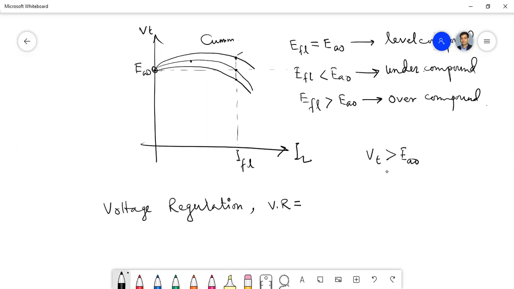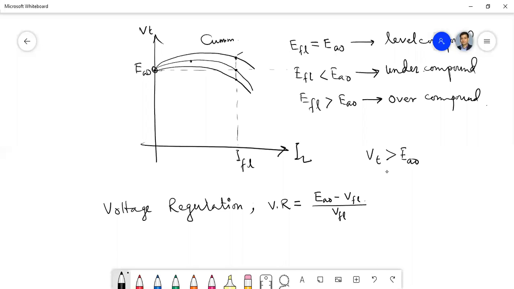No load voltage minus full load voltage, divided by rated voltage. You can also write full load voltage, because full load voltage is generally the rated voltage.